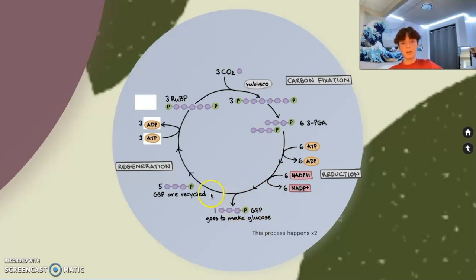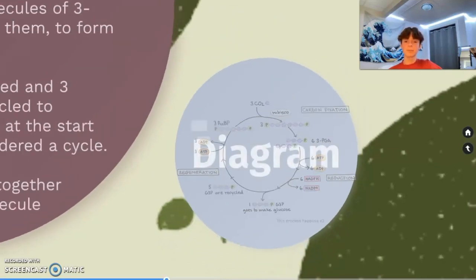And then G3P are recycled to regenerate the cycle of RuBP back here, following it along, and this uses an additional 3 ATP, but then the 2 G3P remaining are used to actually form glucose. And as you can see here, this process happens twice.